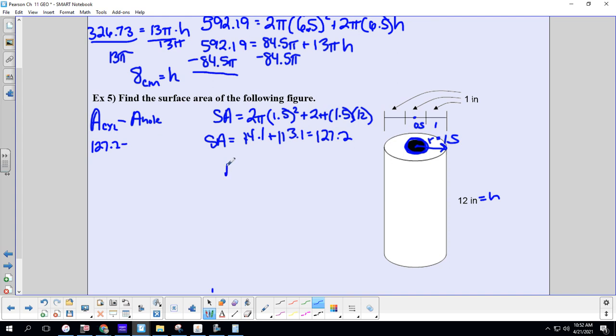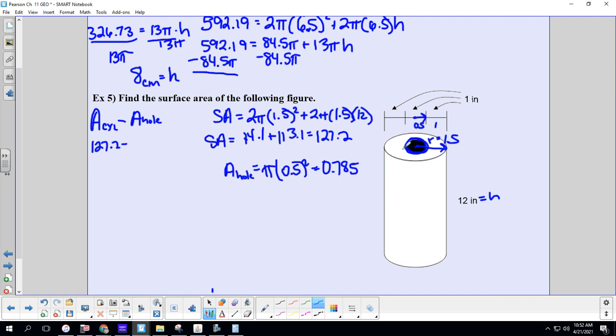Now I need to find the area of the hole, the A-hole. The radius of the hole is 0.5, so we got pi times 0.5 squared. I am just too amused today by things. Thank you, math. So it would be 0.25 times pi, and that is going to be 0.785.